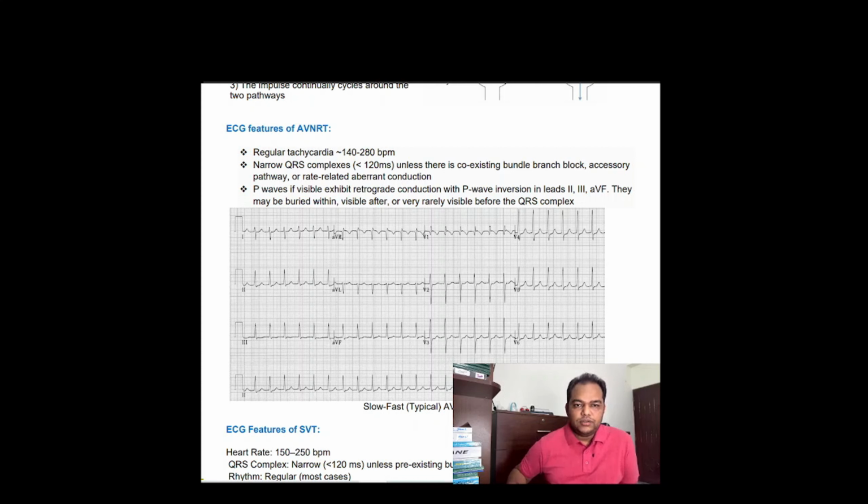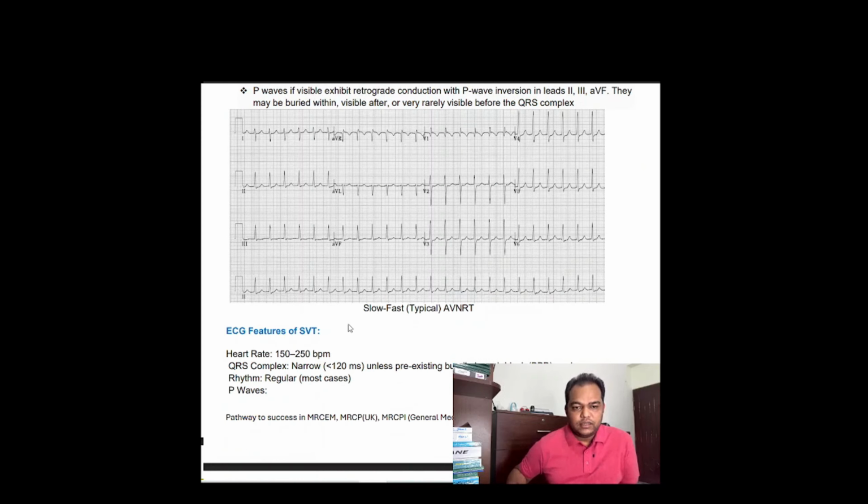So this is also narrow complex tachycardia, and P waves may be present, or maybe inverted also, or maybe buried within the QRS complexes, or also can be present after the QRS complex.